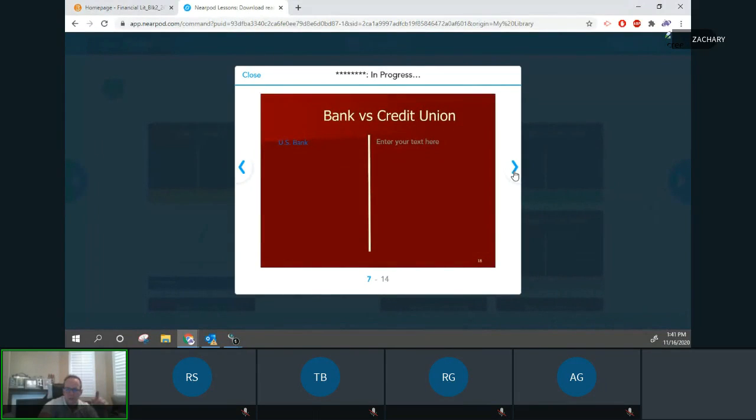U.S. Bank, very good. U.S. Bank, that's one. Yeah, I like how you tried to write on there. Wells Fargo, Zions Bank, good. America First. Mountain America, very good. State Bank, yeah, Bank of America, good.